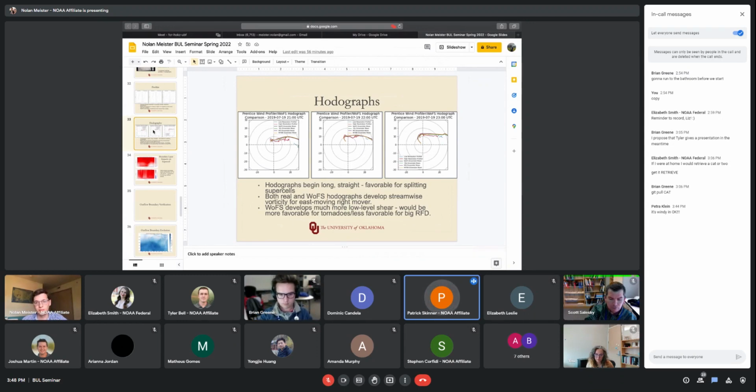Mm-hmm. So I was wondering if you had checked whether the supercell's position relative to the warm front is the same in the observations as it is in WoFS? And if it's possibly on the cool side of the front in WoFS, is that one reason why you're seeing a much larger hodograph, especially in the low levels?